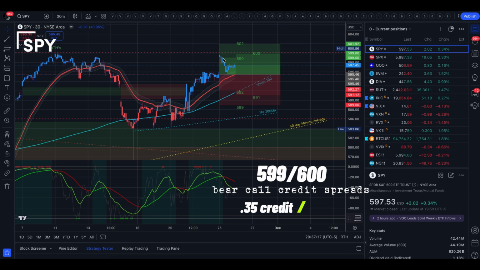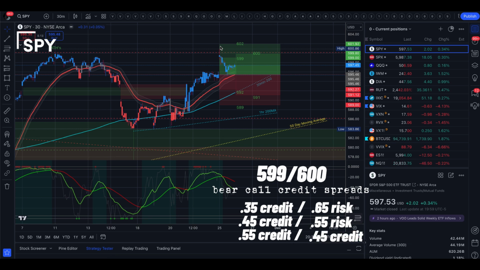And the risk on that is 0.65. Then if we keep moving up like we did, the next order to fill is 0.45, the risk there being 0.55. And if we keep pushing up higher, then the next order to fill is 0.55. The risk on that trade is 0.45.